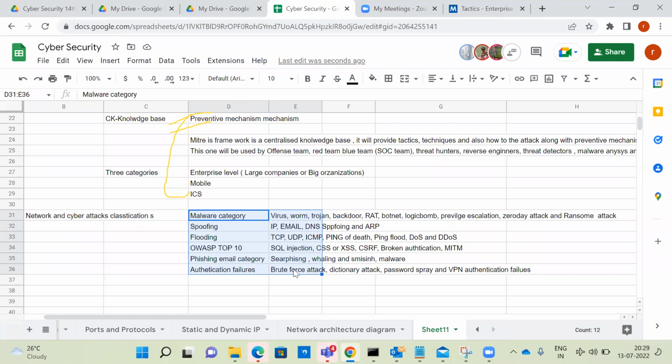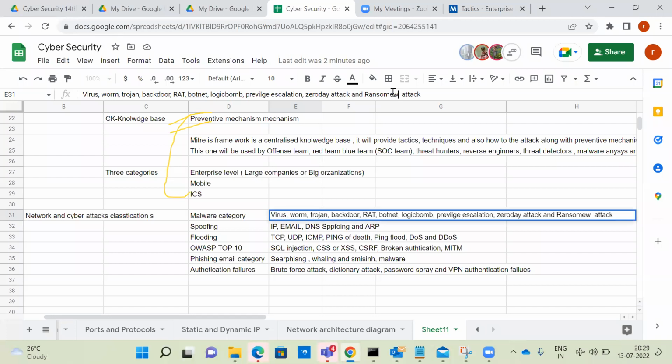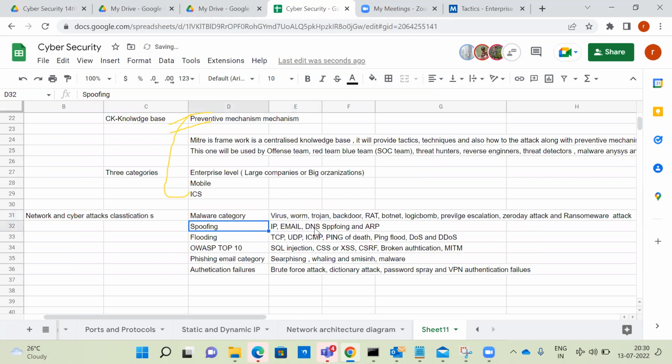If I shortlist out of these 40 attacks: first, ransomware is a very, very popular attack, and under the malware category it is very important. On the spoofing side, DNS spoofing is very important.